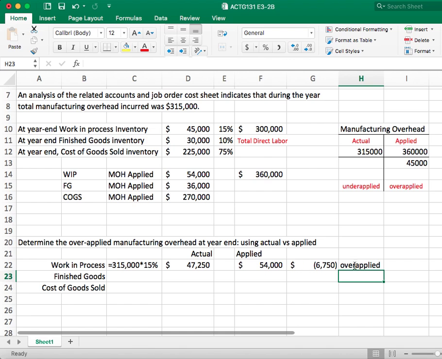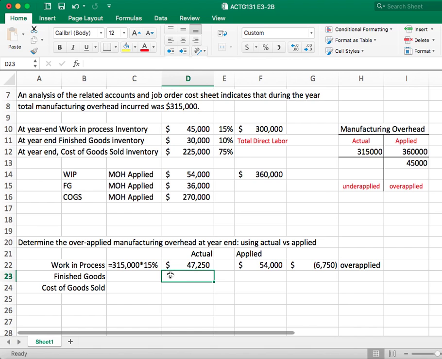Please don't assume that negative equals over applied, because if you mix the columns up, it will come out the other way. So there's a difference of $6,750 between actual work in process manufacturing overhead and applied work in process manufacturing overhead.